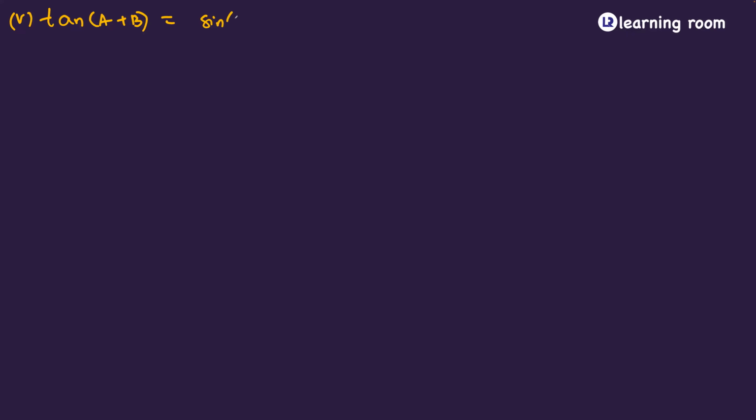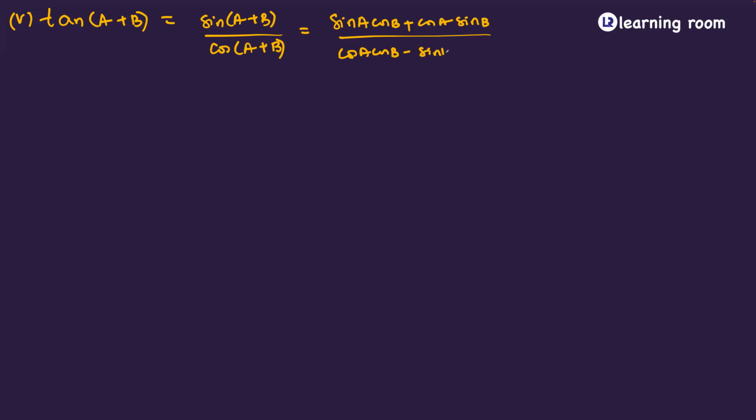It is sine of a plus b divided by cos of a plus b. Right? So sine of a plus b is sine a cos b plus cos a sin b, divided by cos of a plus b, which is cos a cos b minus sin a sin b.